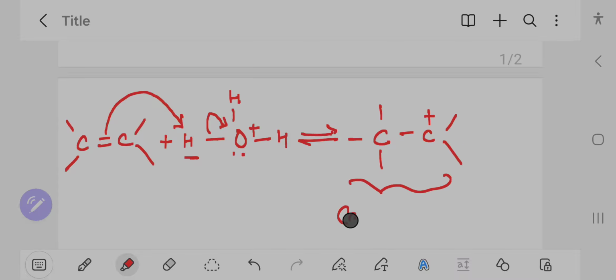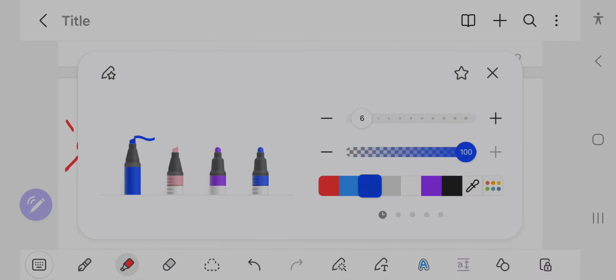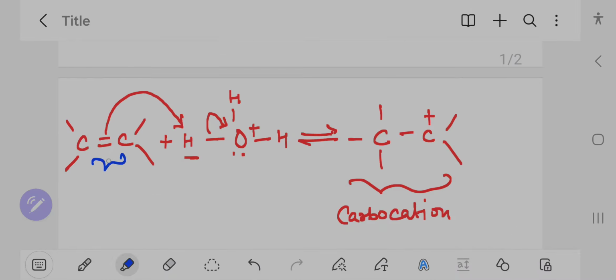This is a carbocation, and the formation of this carbocation is due to the cleavage of the double bond. Here the double bond is cleaved between these two carbons, and hence these electrons will go to make a bond with this hydrogen.